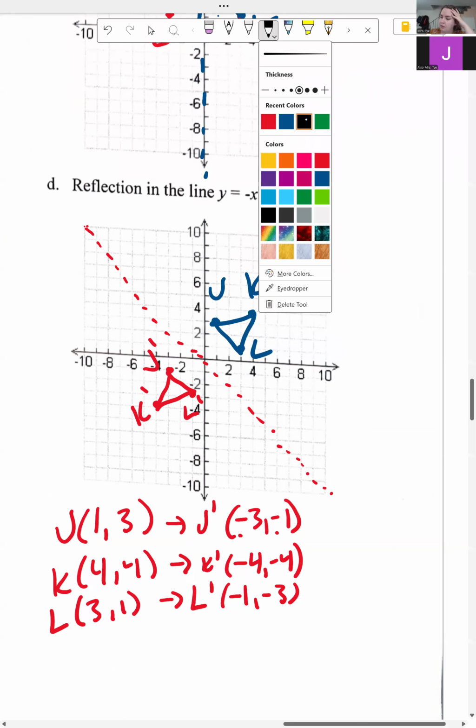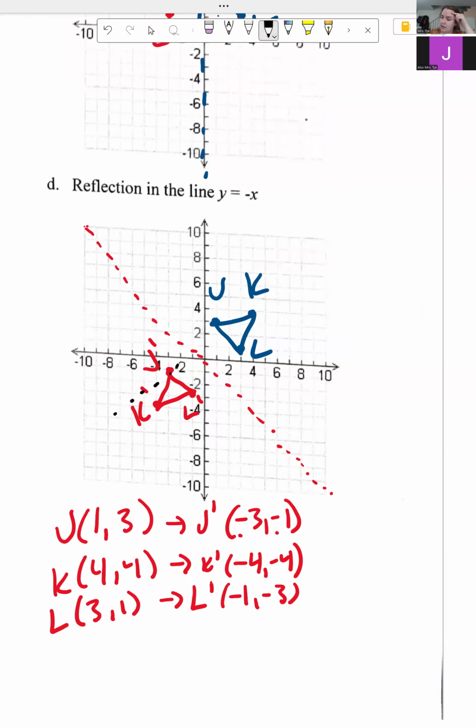If we were to create a perpendicular line to this line of reflection, passing through these points, we can see right there, going through J and J prime. Those are the same number of boxes away, looking at the corners.